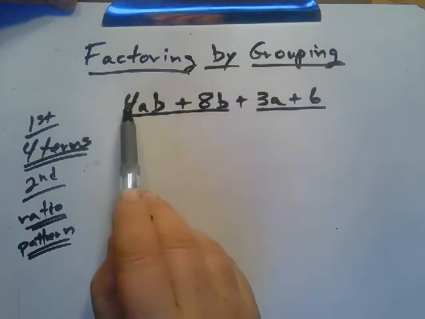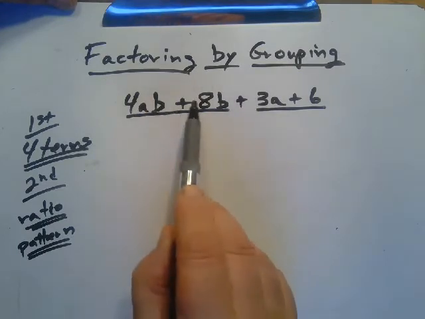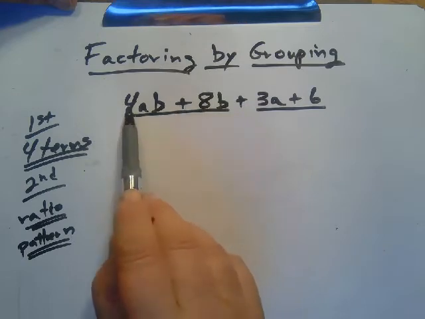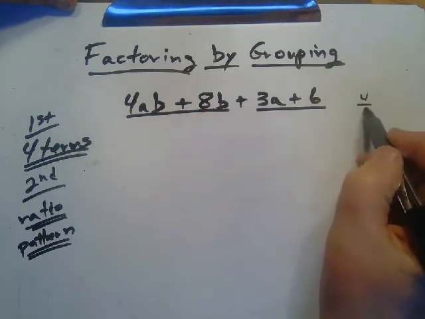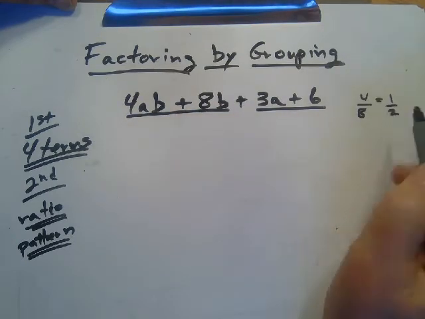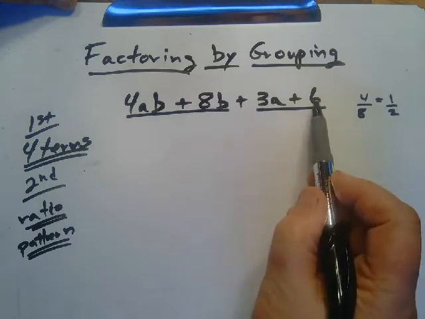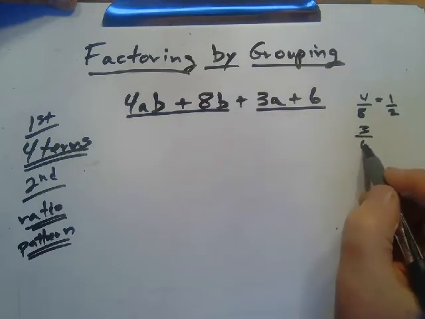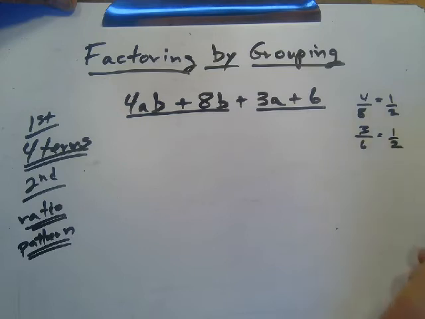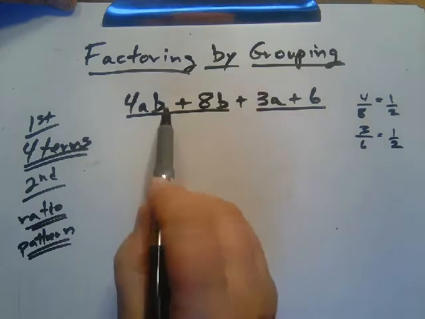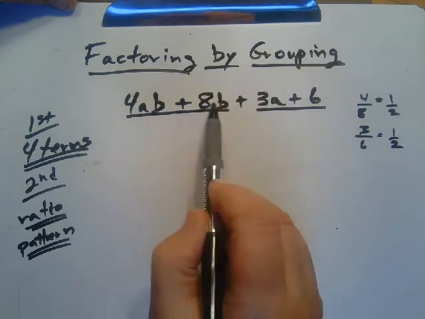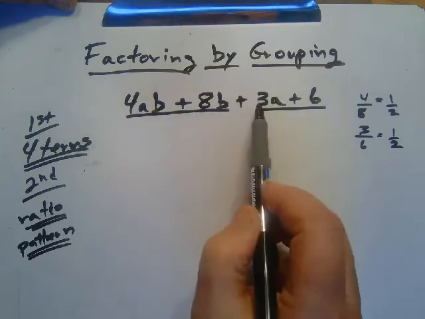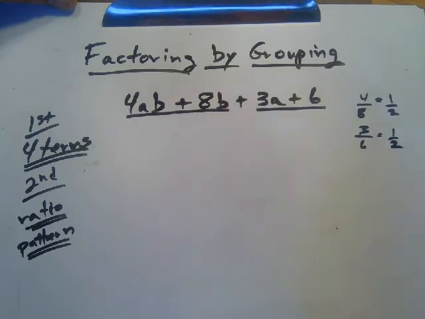Look at these numbers. 4 to 8 reduces to 1/2. And 3 to 6 also reduces to 1/2. So it's possible, because there's a common ratio, 4 to 8 and 3 to 6 gives me the same ratio, that I can factor this by grouping.